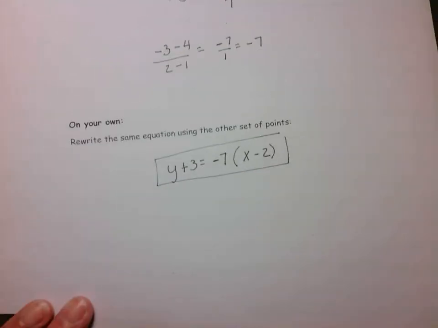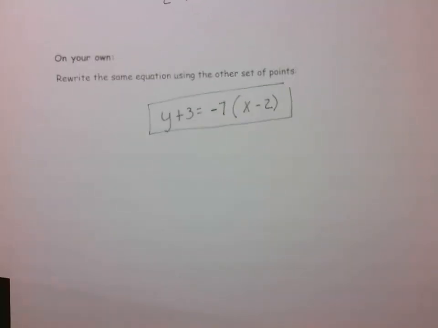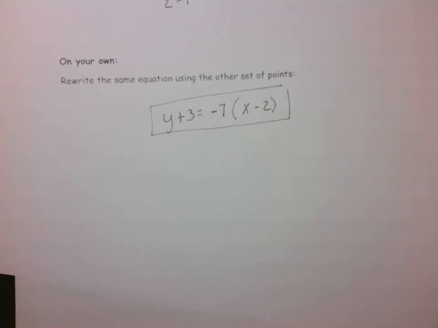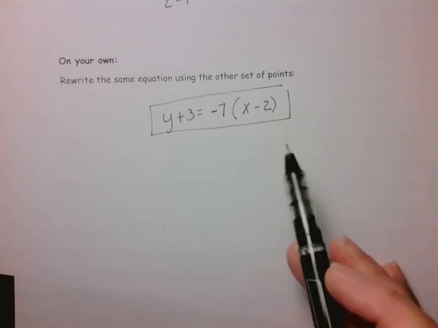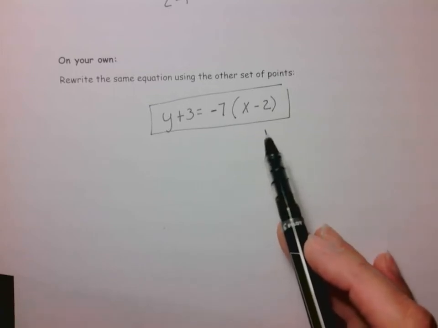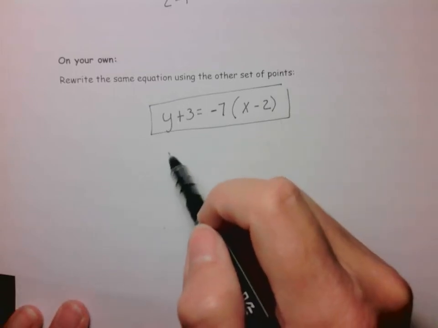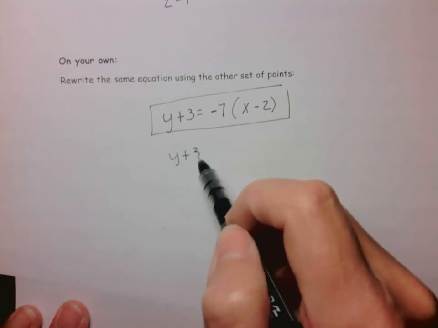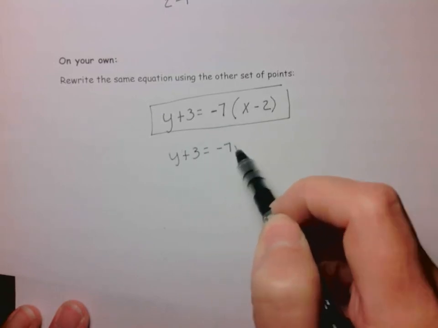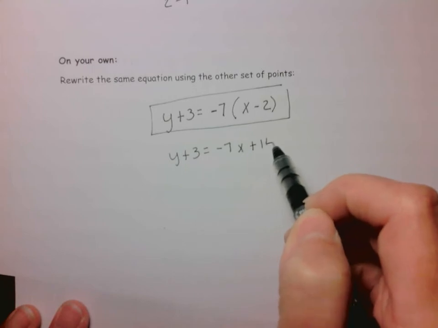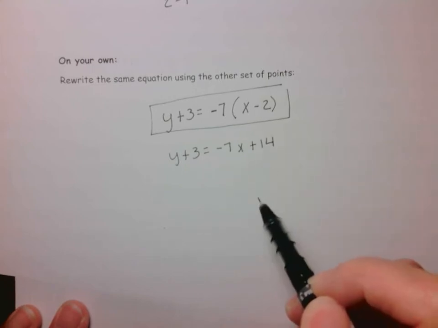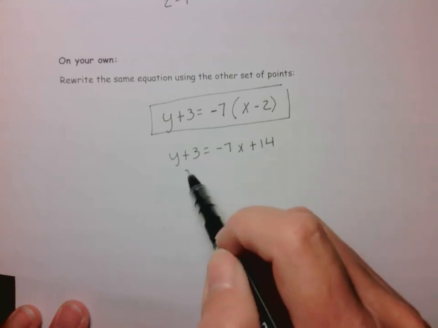Okay, now before we break, I just want to show you something really cool. Again, I just showed you how we got this formula from the slope formula. Let me show you how easily we can convert this into slope-intercept form. So let me distribute out my -7. Now let me subtract 3 from both sides.